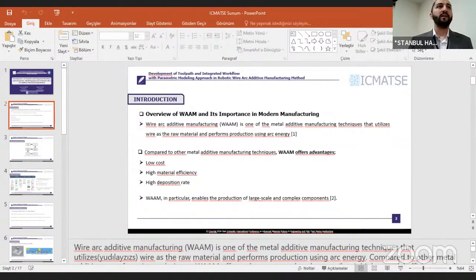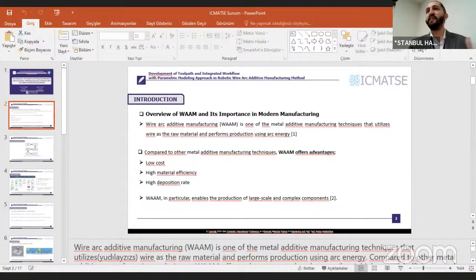First of all, I want to start by explaining the WAAM process. Wire arc additive manufacturing is one of the metal additive manufacturing techniques that utilizes wire as the raw material and performs production using arc energy.